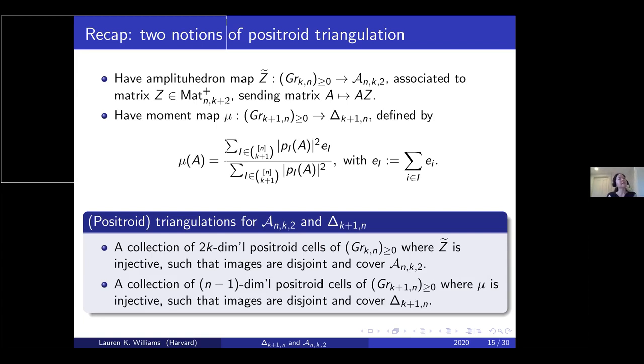And a positroid triangulation of the hypersimplex is a collection of (n-1)-dimensional positroid cells where μ is injective, such that images are disjoint and cover the hypersimplex.